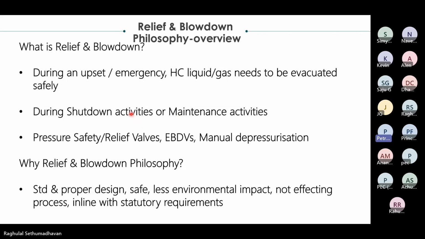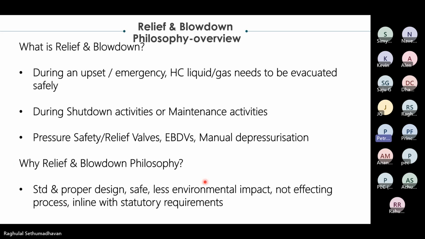The fluid will be going to the flare or the closed drain system. So how are these reliefs done? It might be through relief valve, safety valve, EBDV, or even manual depressurization. If it is an equipment, you'll have to take it for shutdown and manually depressurize the whole thing.